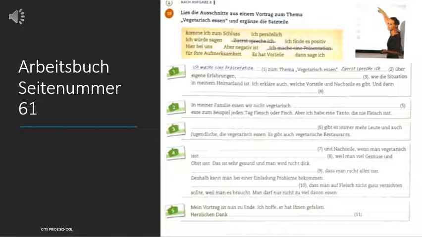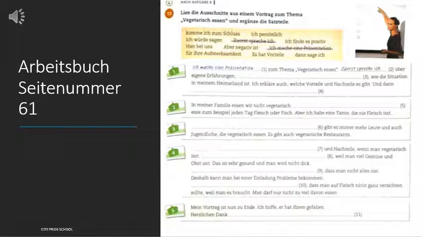Wie die Situation in meinem Heimatland ist. How is the situation in my homeland? Ich erkläre auch, I will also explain, welche Vor- und Nachteile es gibt. Which advantages or disadvantages there are. Und dann, and then, there is a blank.